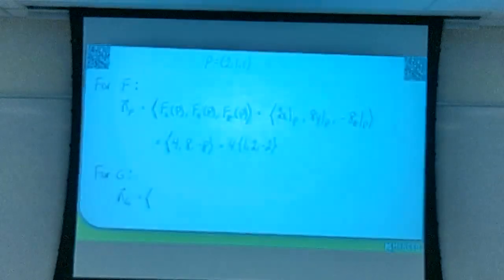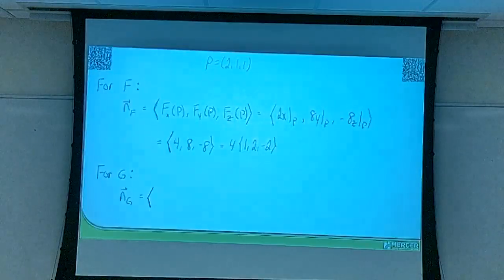Same argument. So this is just a lot of saving. Well, essentially, what I'm doing is showing the tangent planes have parallel normal vectors.